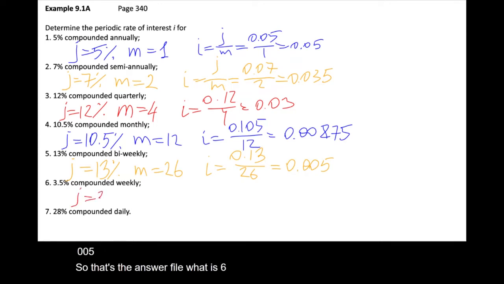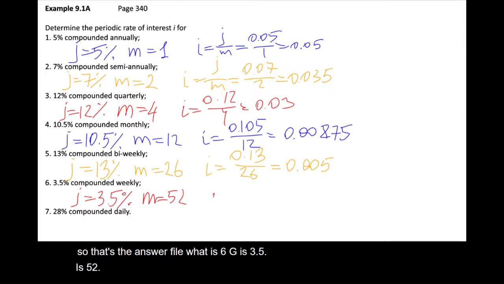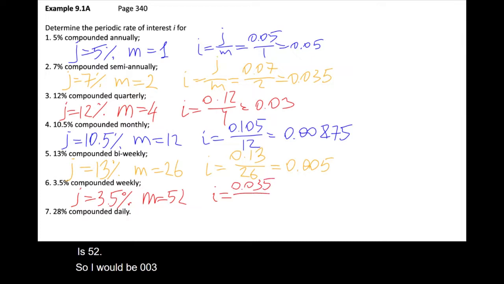J is 3.5%, M is 52. So I would be 0.035 over 52, which is 0.000673077.